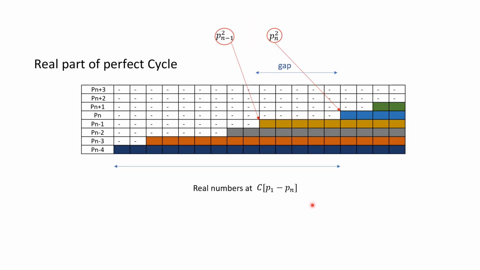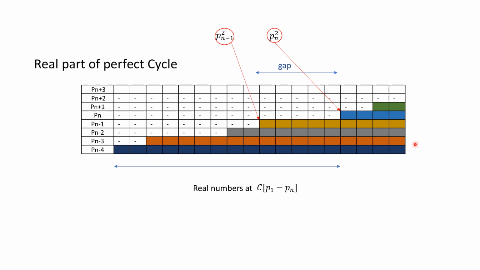So for every cycle, you know that the composition of that cycle is going to be in the real number line before the square of the next coming prime. So in this cycle here, you know that until here, this and back will be in the real numbers.